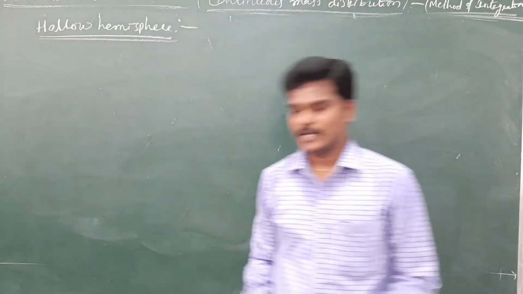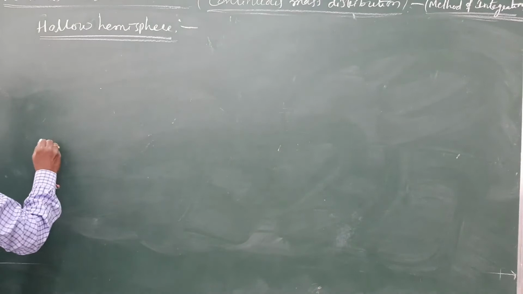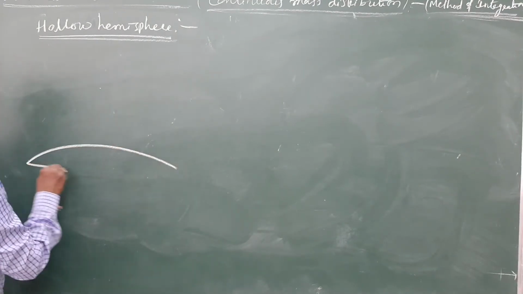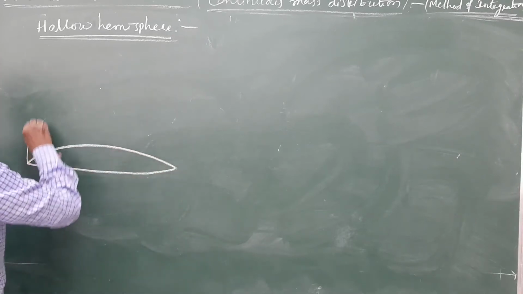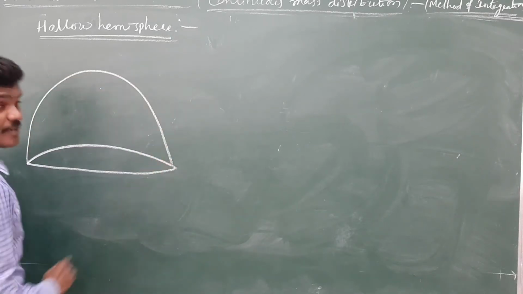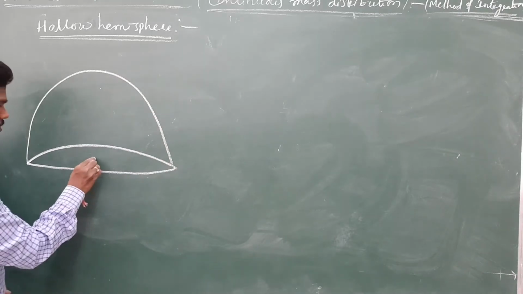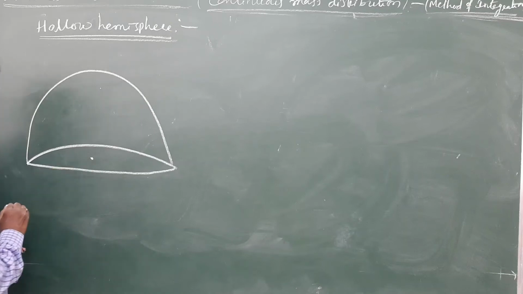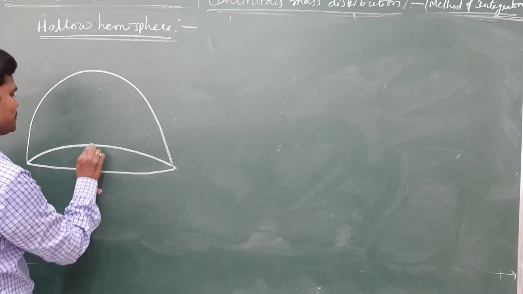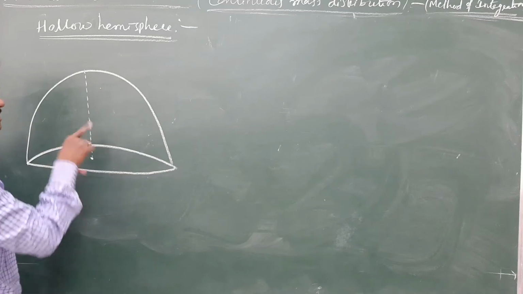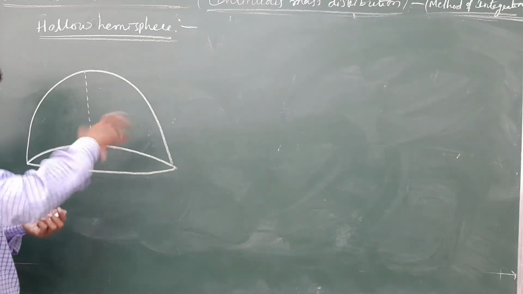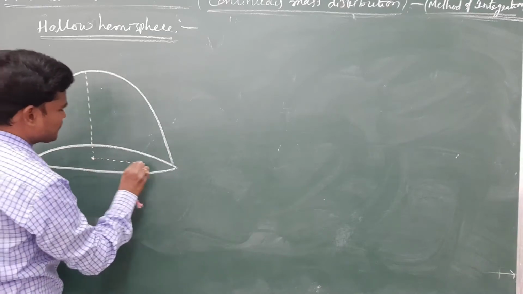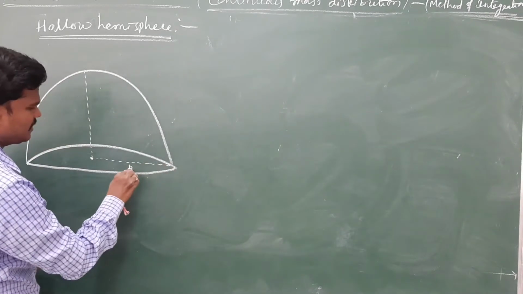See, this is the hollow hemisphere, whose radius is again r. O is the center. To solve this type of question, see, this is hollow, inside empty, a half cup. The cup is in reverse order. So r is the radius.